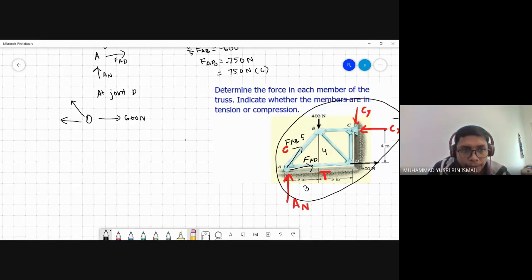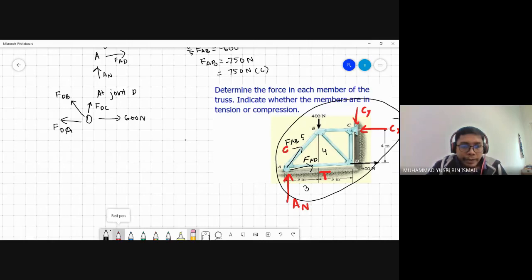Okay, you also have these forces: FDC, FDB, FDA.